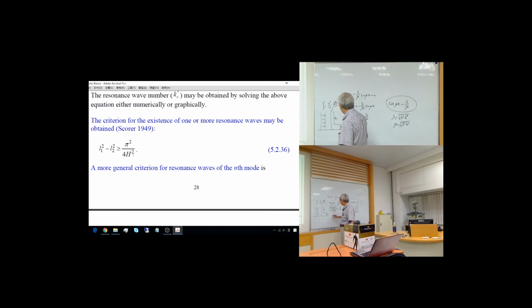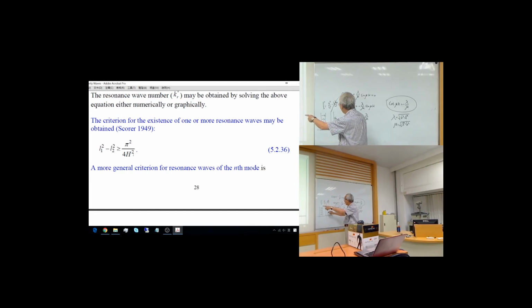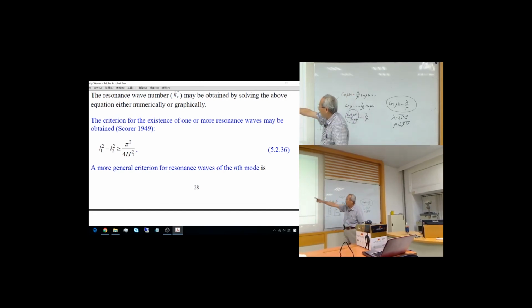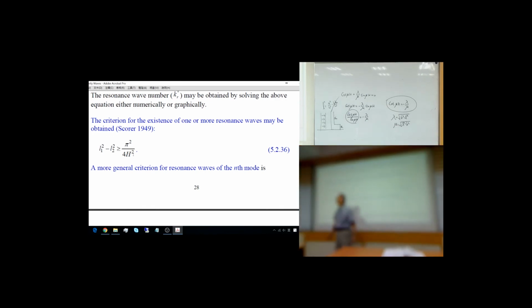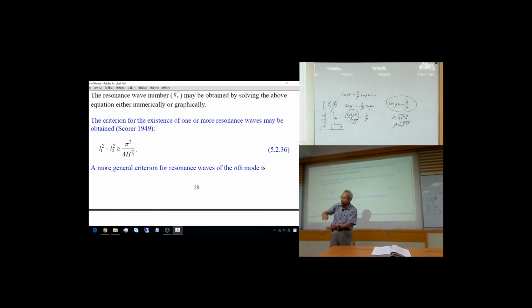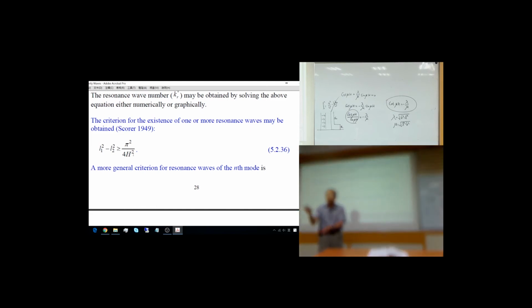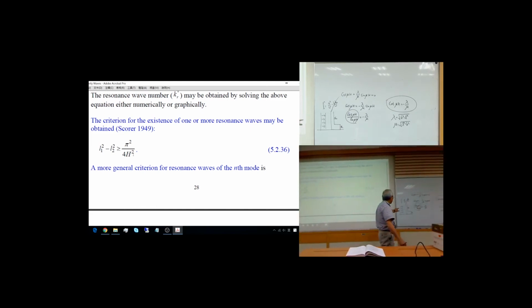So your n1 must be greater than n2 by at least this value, pi square over 4h square. H is the depth of this low layer which has stronger stratification.